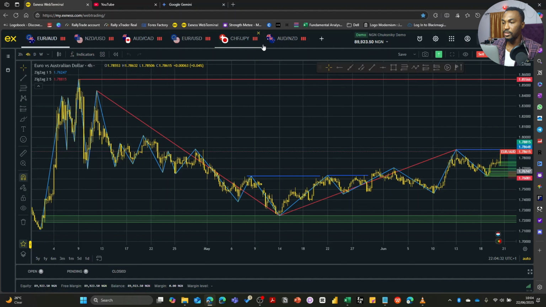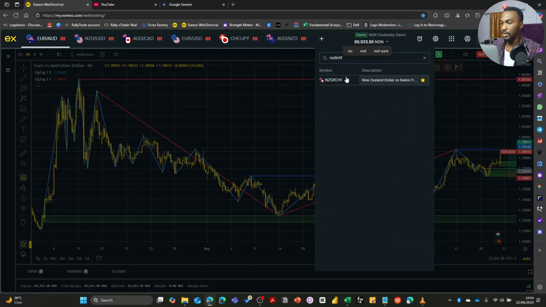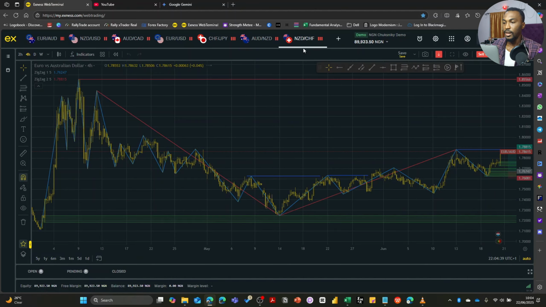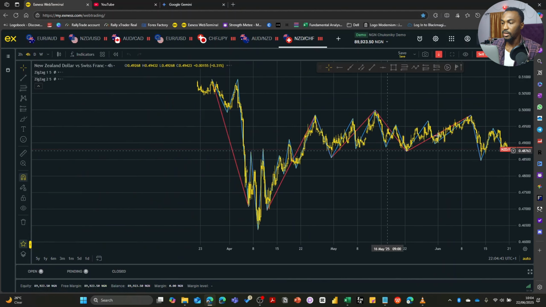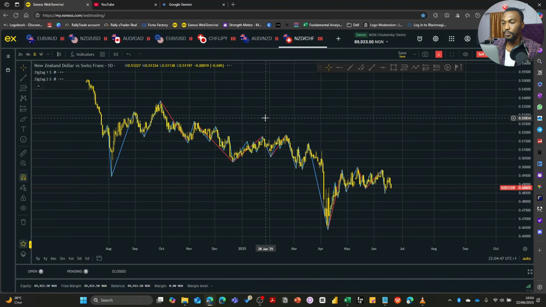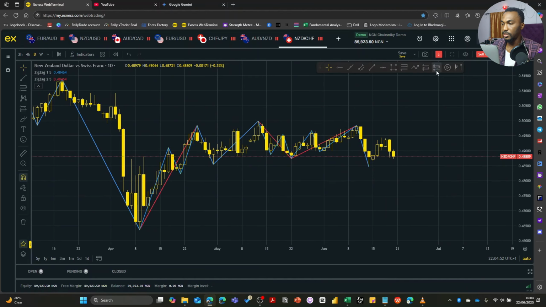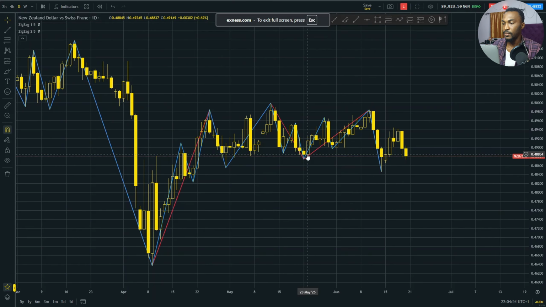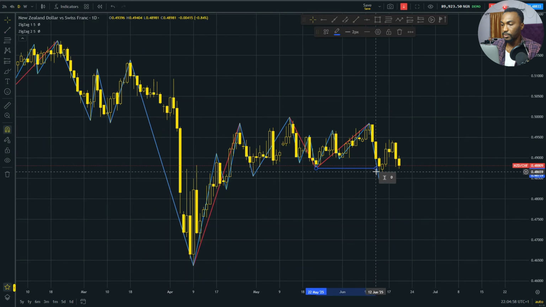So we're going to start with the New Zealand dollar against the Swiss franc, and we're expecting to see a bullish market, a bullish tendency. So it's saying a pullback, and we should buy pullbacks. But like yesterday, when I opened this chart, the first thing I noticed is we just broke below a lower low.